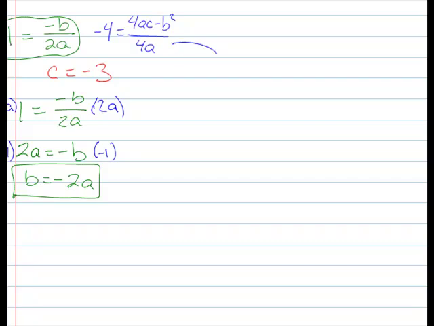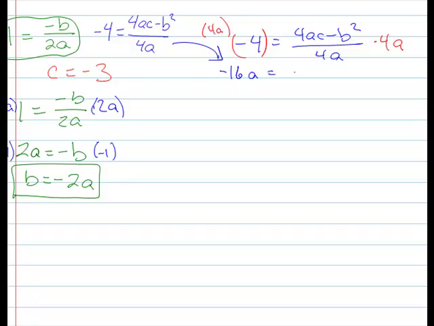Now let's go to this uglier one over here. -4 equals (4ac minus b squared) over 4a. I'm going to multiply both sides by 4a just to get rid of my fraction, because we don't like fractions. So I've got -16a equals 4ac minus b squared. I'm going to plug in what I know from the previous things we've done.